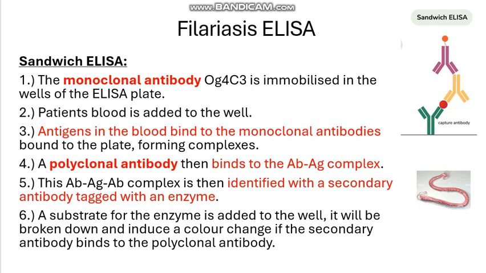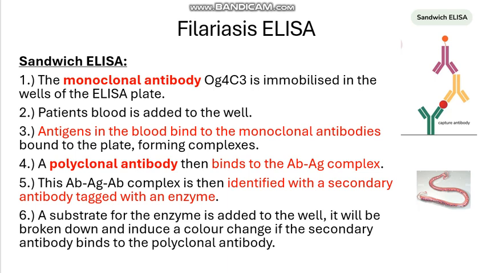Remember when we talked about immunoglobulins in more detail, monoclonal antibodies are usually produced in mice, and they are all specific to the exact same antigen. So the monoclonal antibodies that we'd be using here would be specific to the antigen that we're trying to assay in the patient's blood, which would be this OG4C3 antigen for the filariasis ELISA.